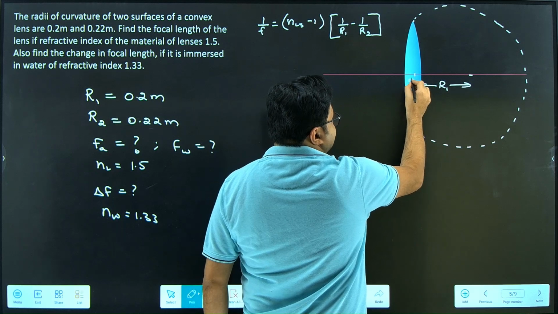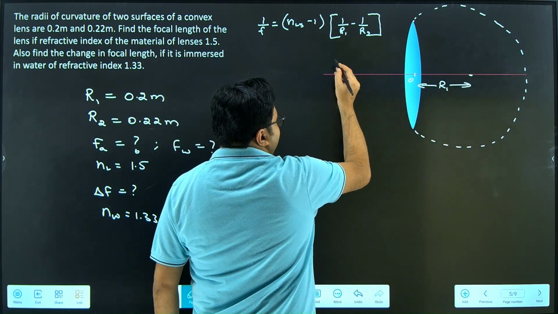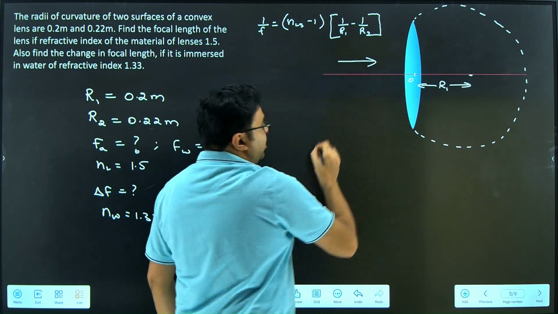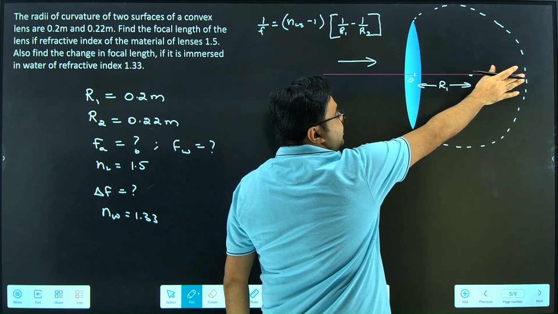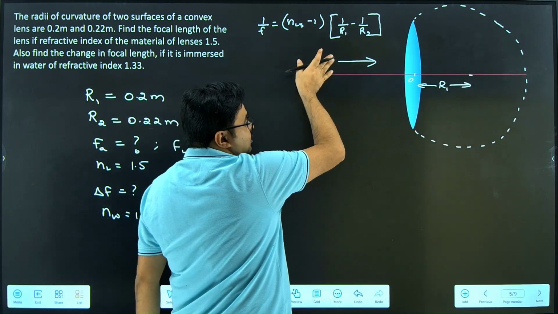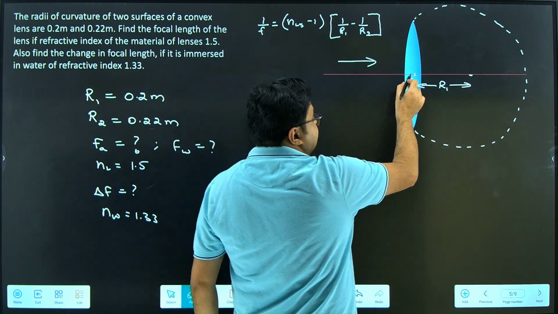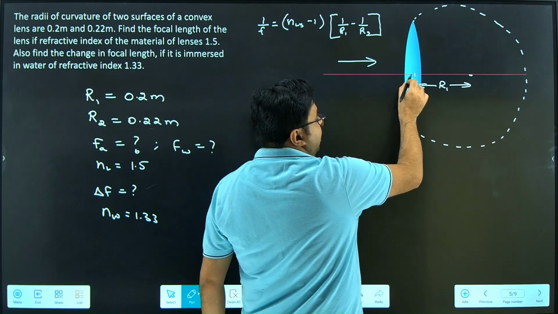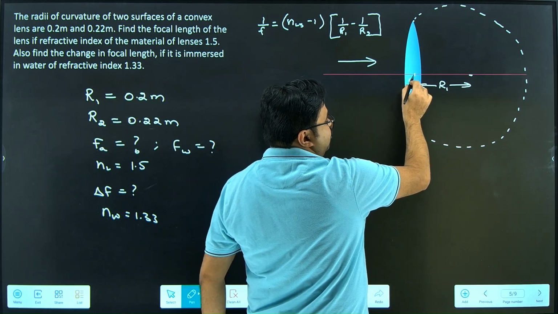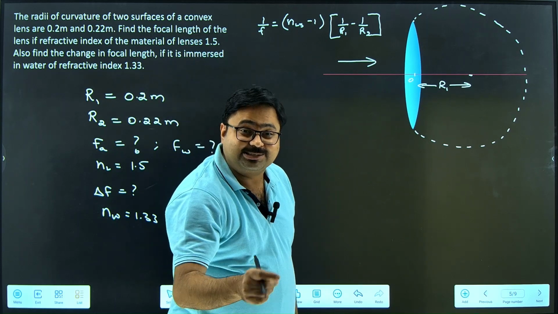So that's the optic center, and R1 is the radius of curvature, because we will assume that the light is going from this side to that side. All distances that you measured rightward in this situation, because you have assumed the direction of incident light to be rightward, this distance R1, which is supposed to be measured from the optic center, in order to measure it, if you go towards the center of curvature, you will see that that distance is positive.